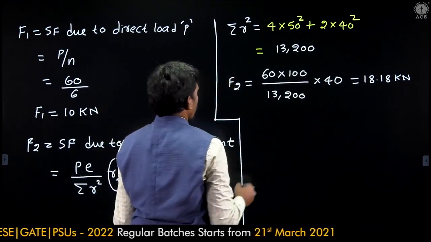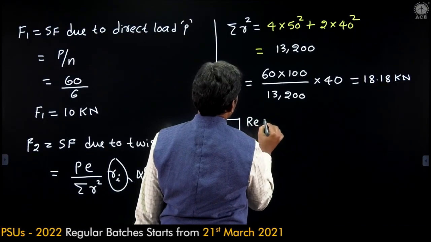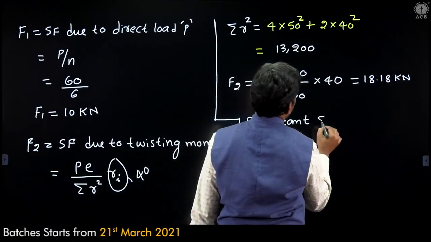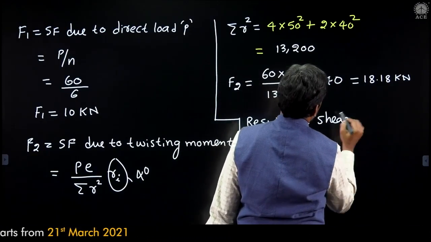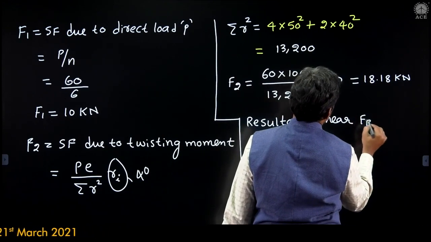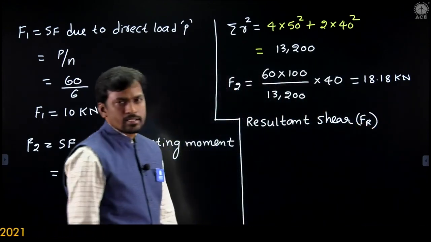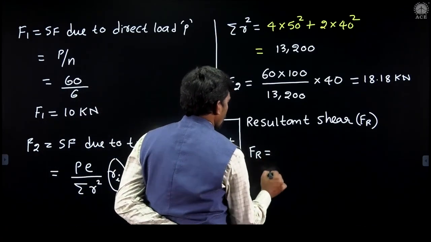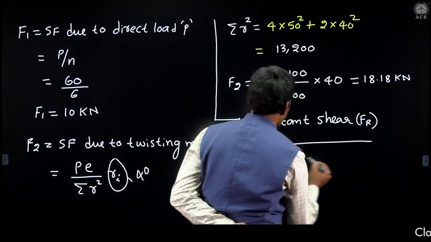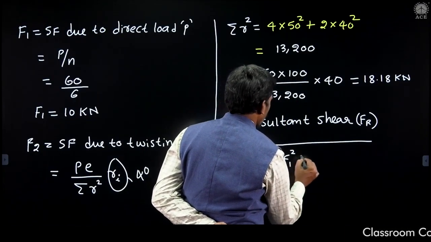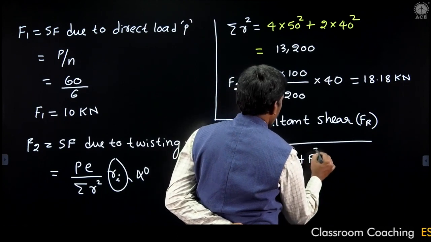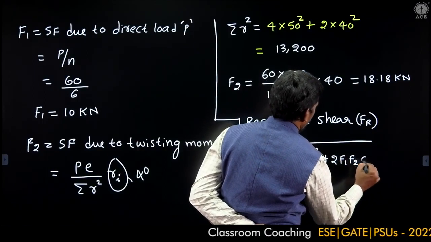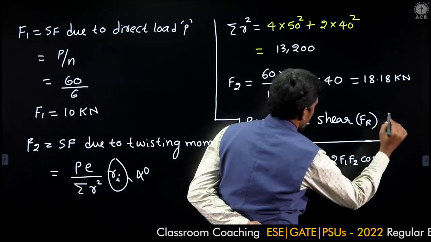Okay, then next we have to find the resultant shear force, right? Resultant shear, this is Fr. What is the resultant shear formula? This formula is F1 square plus F2 square plus 2 into F1 into F2 into cos theta.